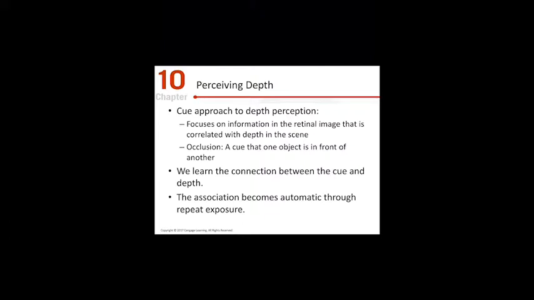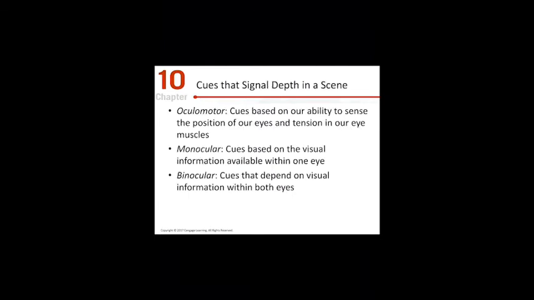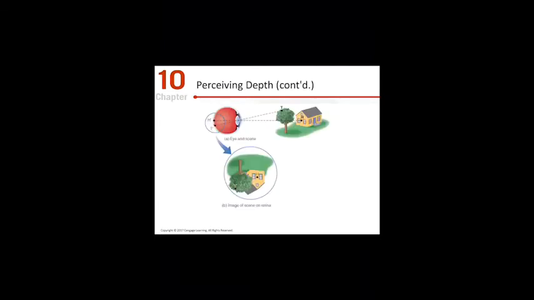So when we look at, for example, occlusion, I'm going to skip ahead just real quick here. When we get an image on our retina, for example, we have a tree marked by the T and the house marked by the H, and this is where it falls on the retina. We have no way of knowing how far light has traveled to reach each point.